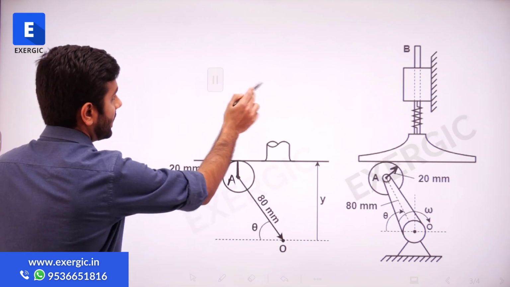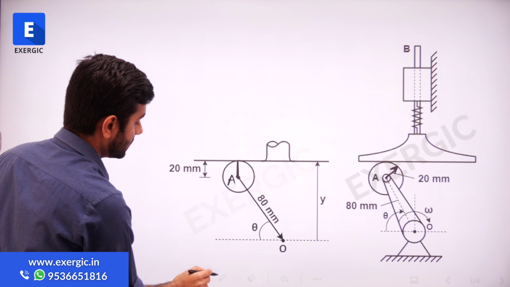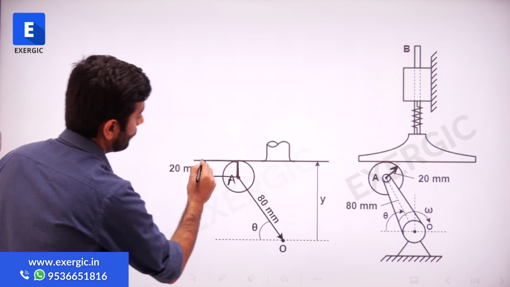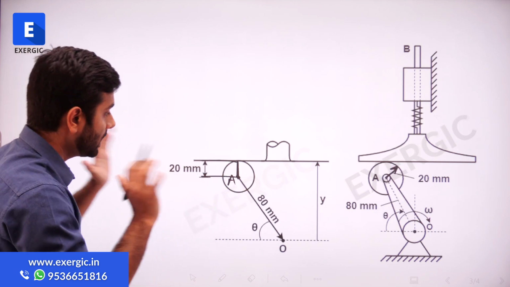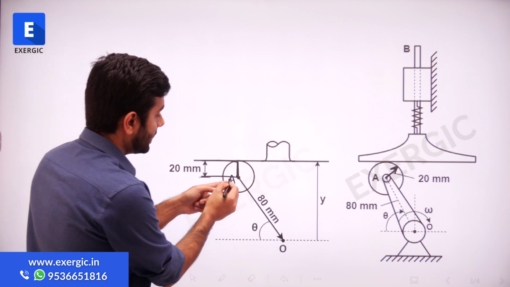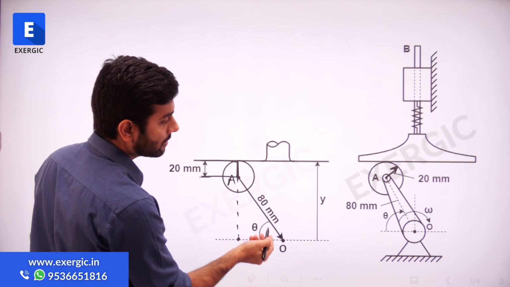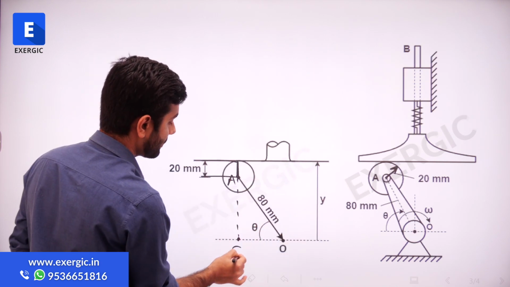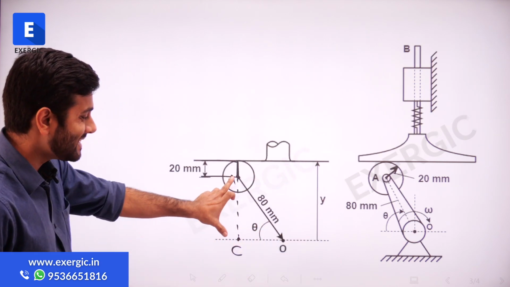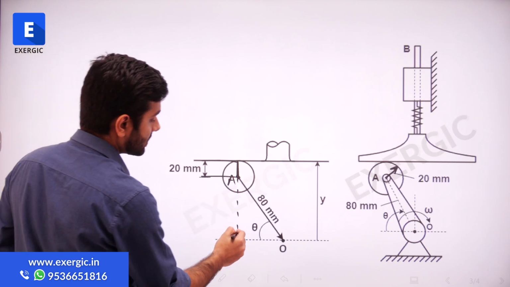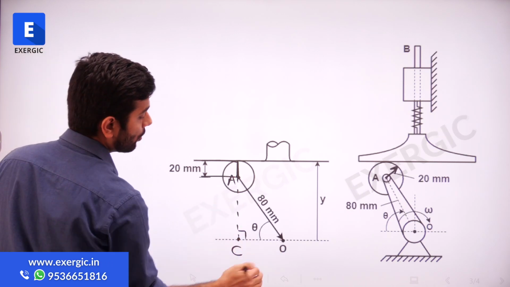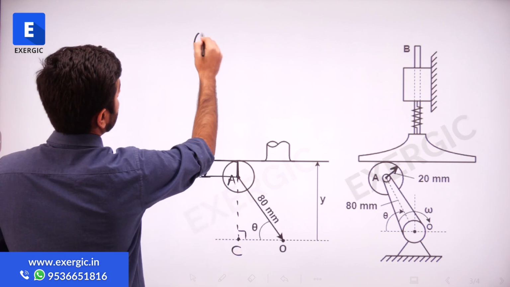So here, if I only denote the vertical length, that vertical length is 20 mm because the radius is 20 mm, correct? Now if I focus on this length here, suppose this is point B, right? B is there, okay, point C. So how much is AC? If you focus on this right triangle ACO, AC is equal to how much?